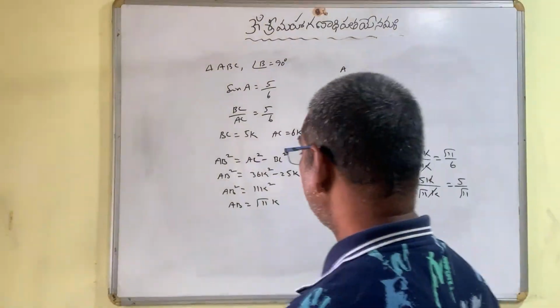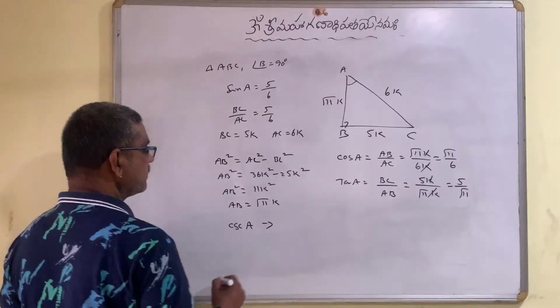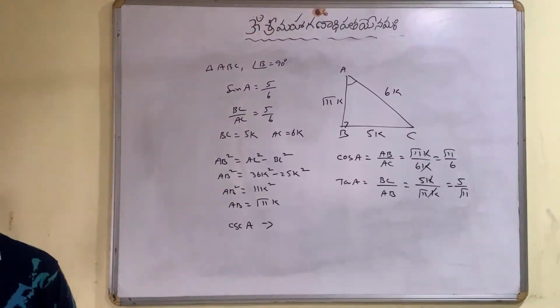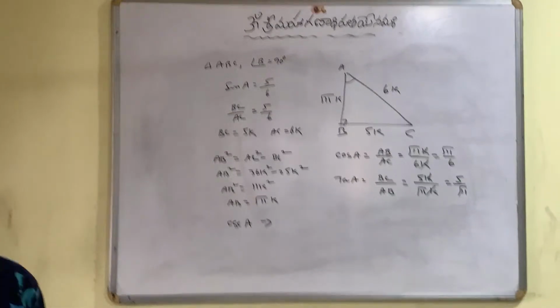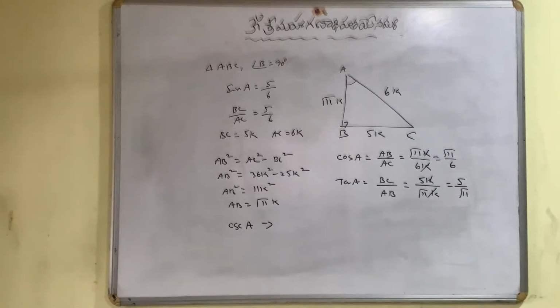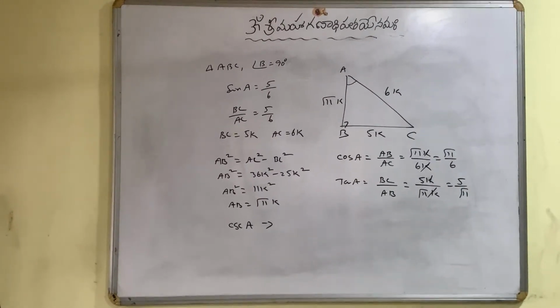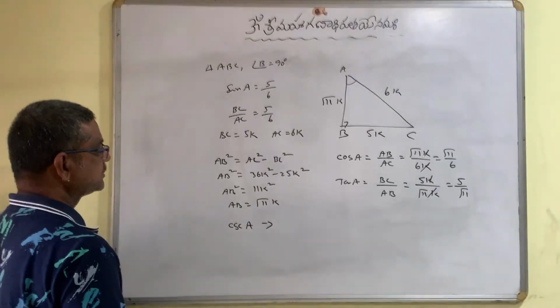You write it now. What is secant, cosecant A? What is cosecant A? Cosecant A, 6 by 5, good.